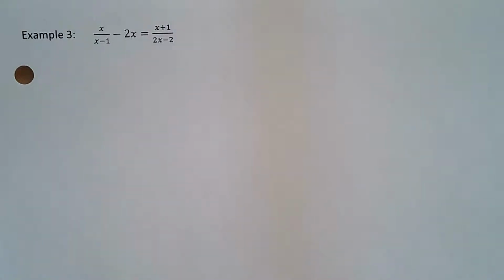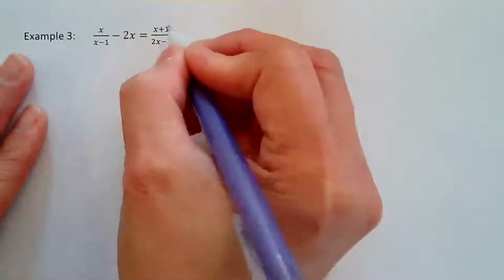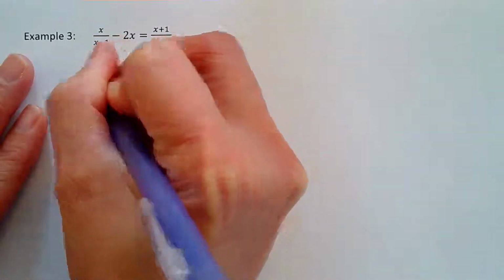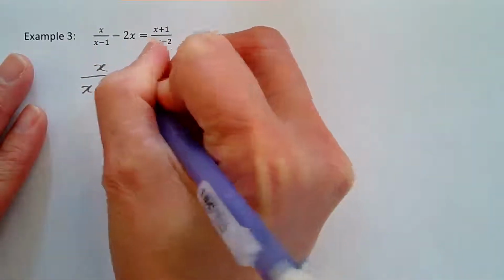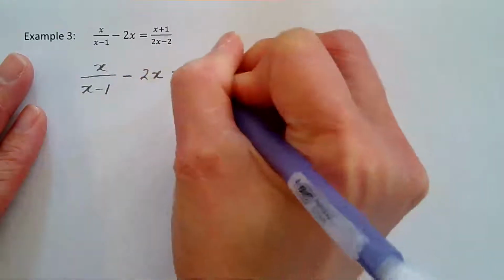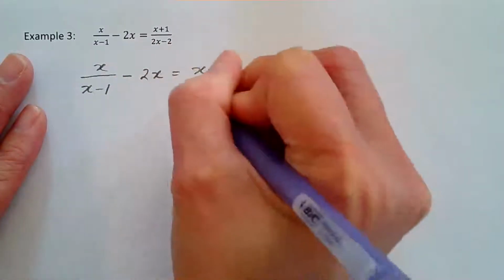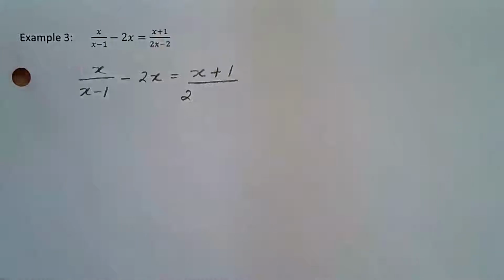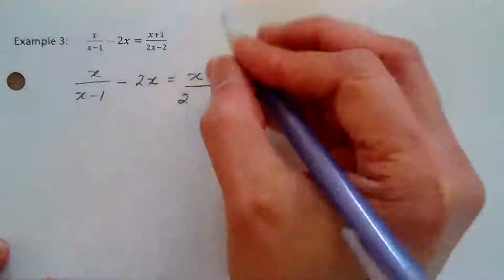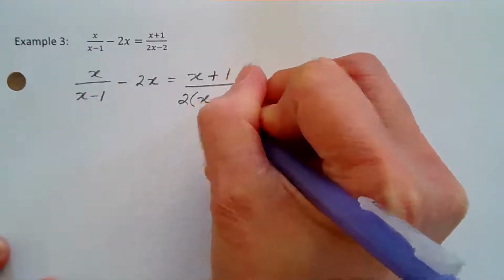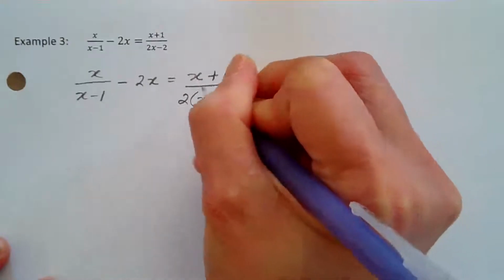Is there anything here that can be factored? 2x minus 2? Yes? So if we factor this out, this becomes x over x minus 1 minus 2x equals x plus 1 over, there's a GCF, greatest common factor of 2, so we factor that out, x minus 1.